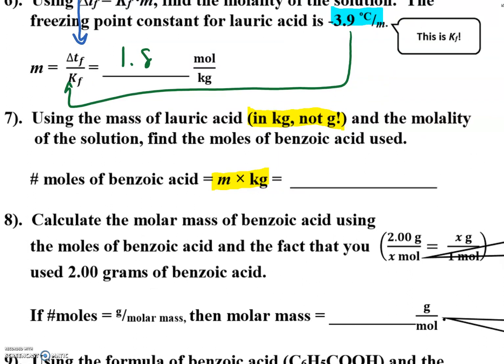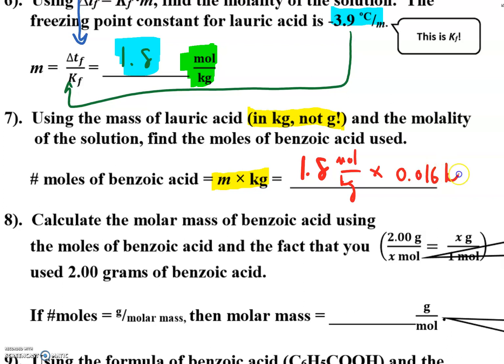We know the molality. We just calculated it right up here, 1.8. So that's going to go right here, 1.8 molal times, let's remember that this molality, it's moles per kilogram. See it right here? And now we're going to multiply that by our mass in kilograms, 0.016.